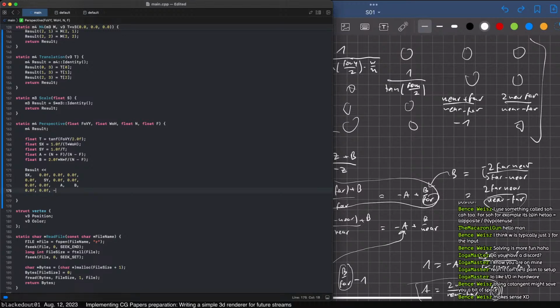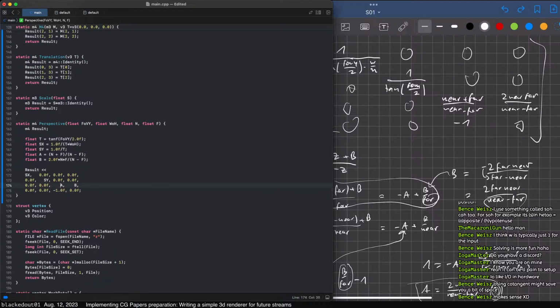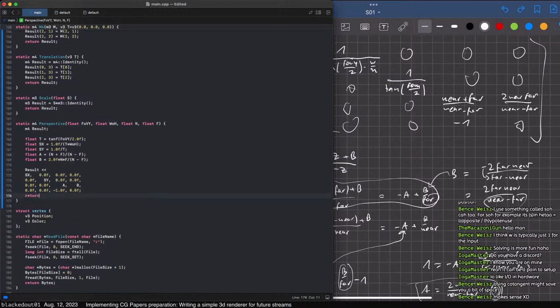And here is now the minus 1 and 0 again. Okay, so that's the perspective projection function.